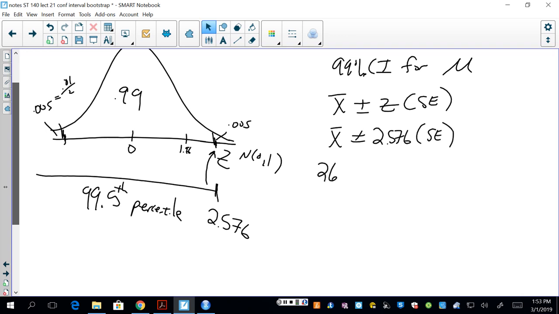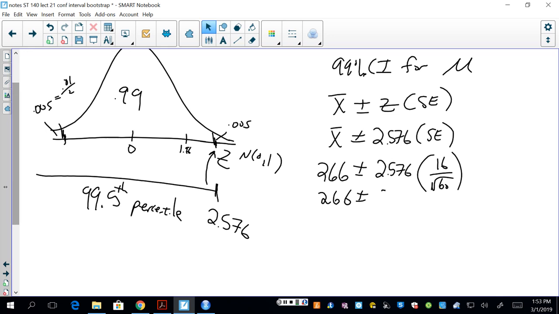We had before, so 266 plus or minus 2.576, and this one is 16 over the square root of 60, going back to the original conditions. And so that's going to be like 266 plus or minus 5.32. So it's wider than the original because we want bigger confidence.